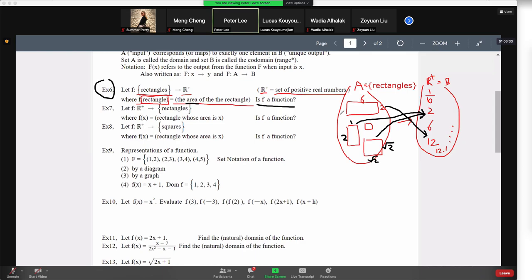So this rectangle only matches to the number 12, because this rectangle's area is 12. The area is not 11 or 10. There's only one area, so that's 12. So again, going back to the original question, is that a function, class? Yes, it is a function. And the answer is yes.